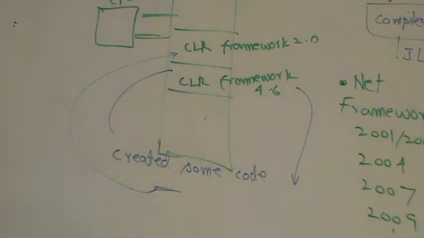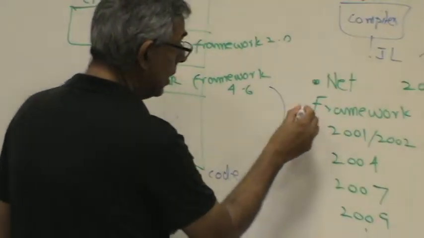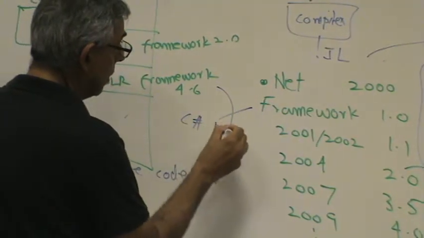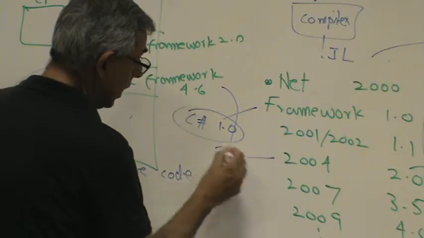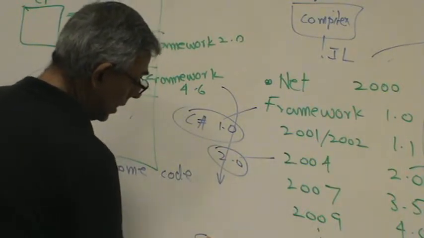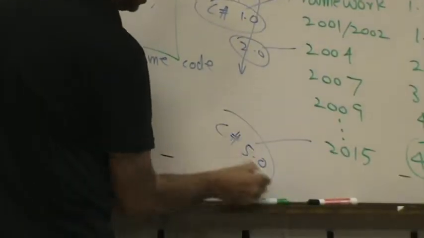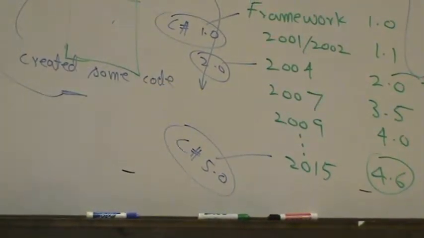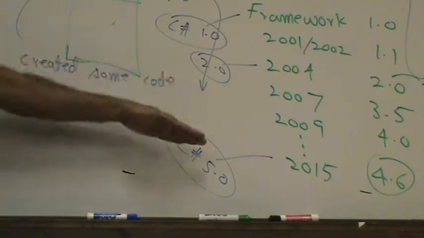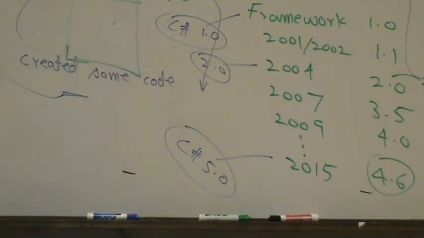Another benefit is every few years they keep improving the language. So for example, over here, this was C# 1.0, then C# 2.0 over here, and C# 5.0 is the latest that we are using. With every improvement, every new framework, they keep adding more and more features to the C# language.